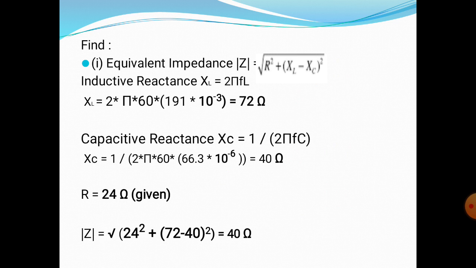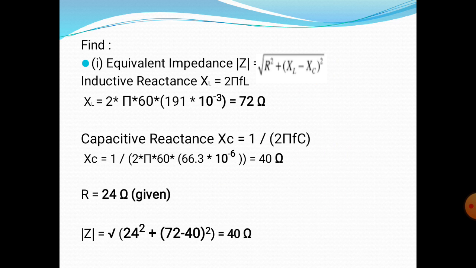XL is equal to 2 pi FL. So we put the values of F and L in the inductive reactance equation. XL is equal to 2 pi into 60 into 191 into 10 power minus 3. We get the value of XL is equal to 72 ohm.